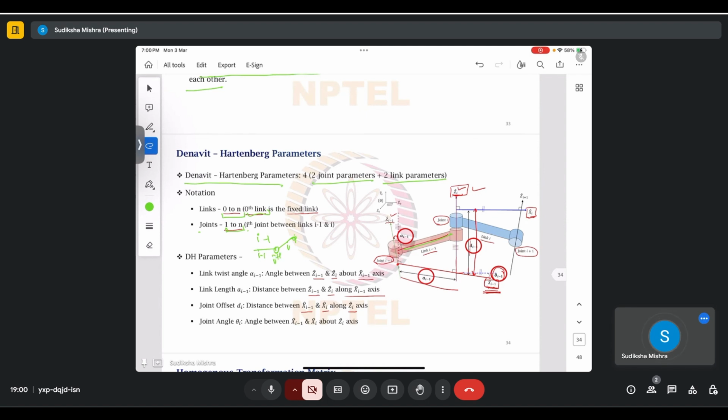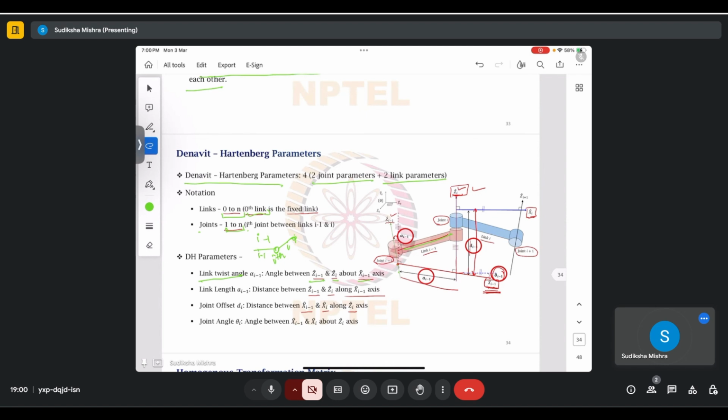This is the ith joint. The DH parameters again are 4 in number. The link parameters are link twist angle, which is the angle between the z-axis of i minus 1 and the z-axis of ith link about the x i minus 1 axis.